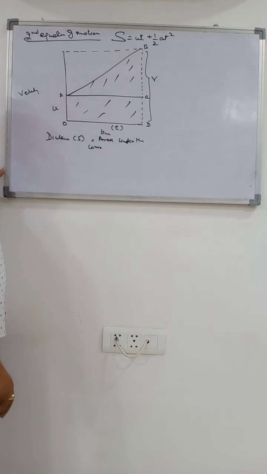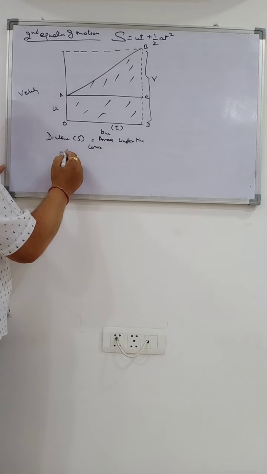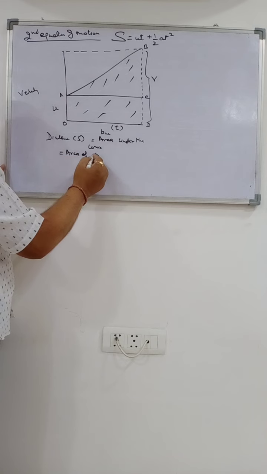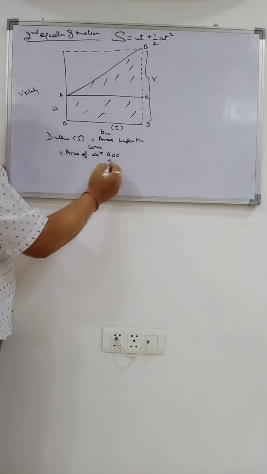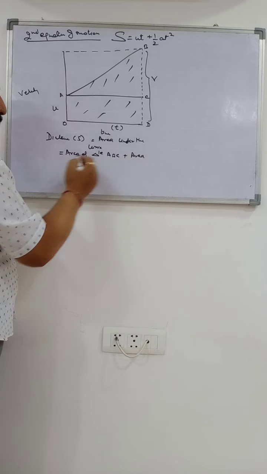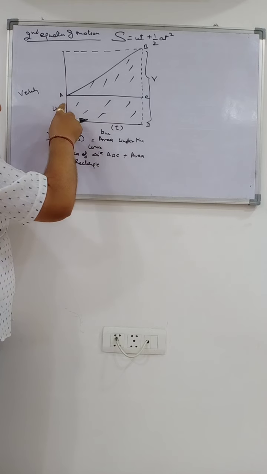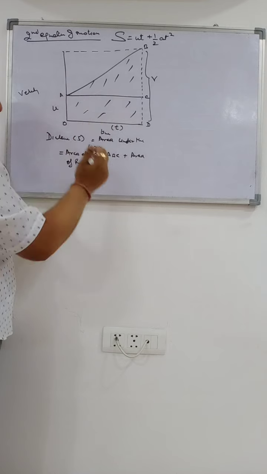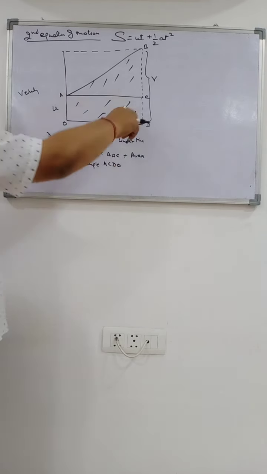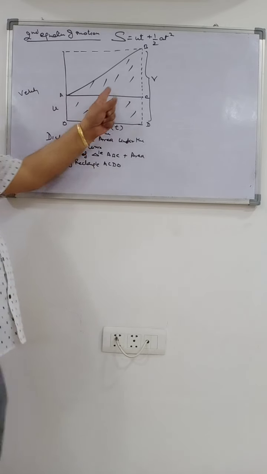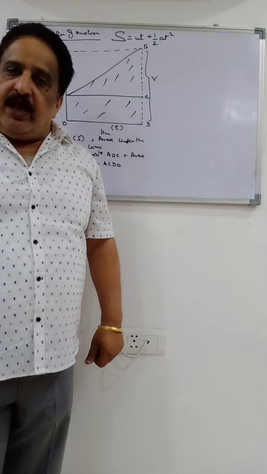The area under the curve is equal to the area of triangle ABC plus the area of rectangle ACDO. What will be the area of this triangle? Half into base into height.